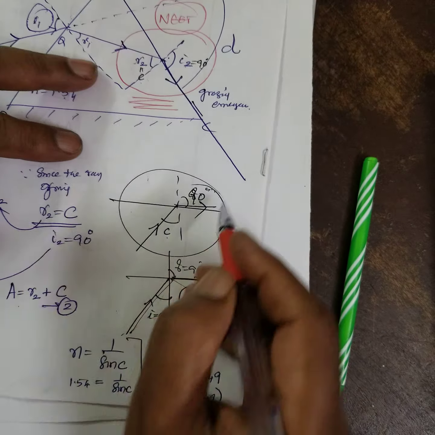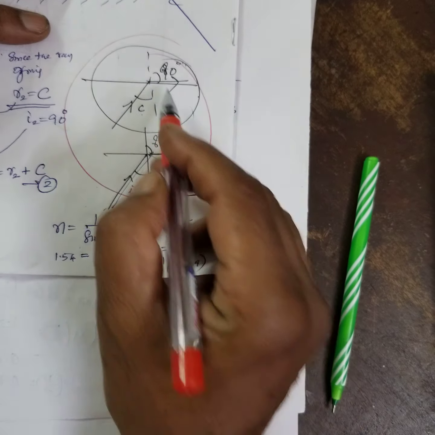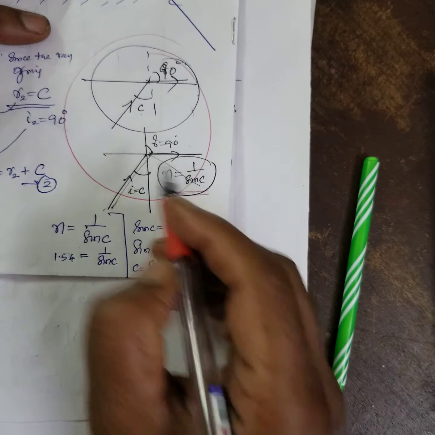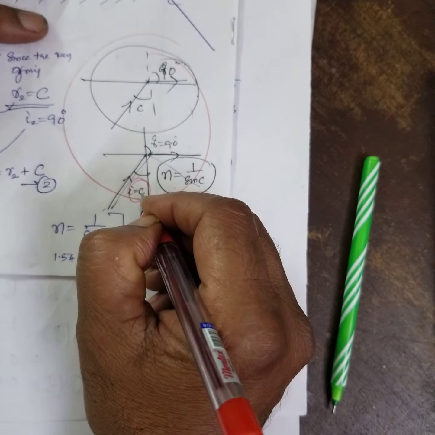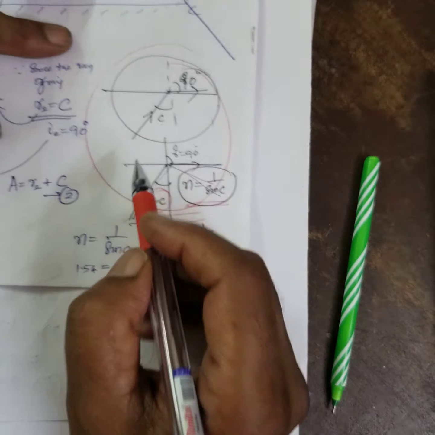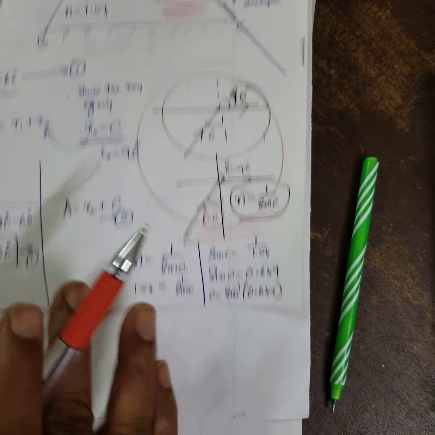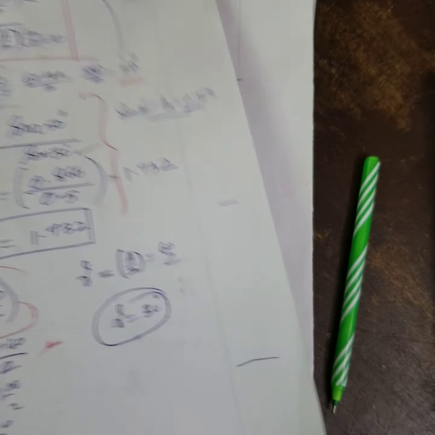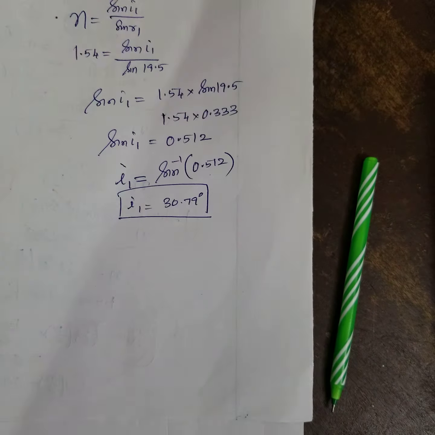And here again, the condition for total internal reflection: the angle of incidence is greater than the critical angle. This is the minimum condition. Then you know all these things, right? Therefore, this is the toughest sum, but you can easily do it.